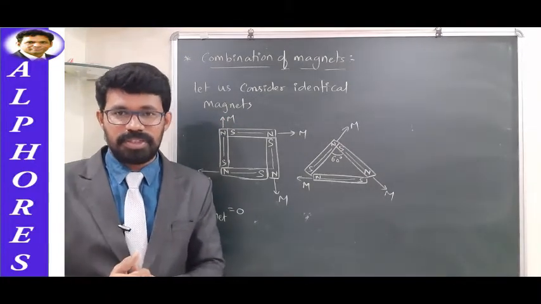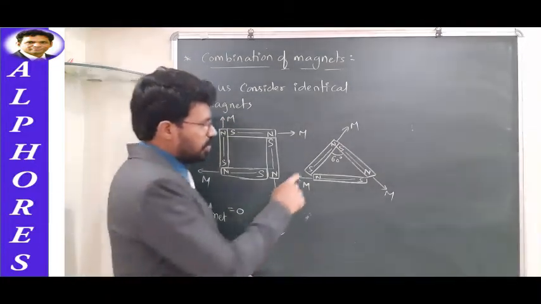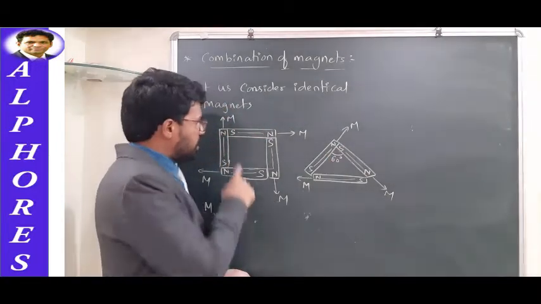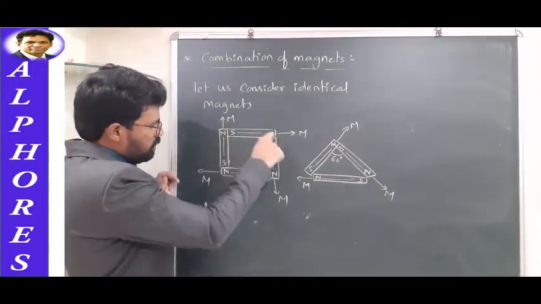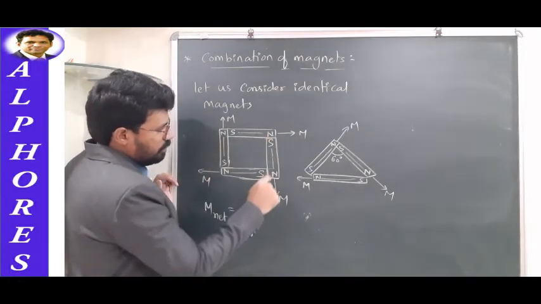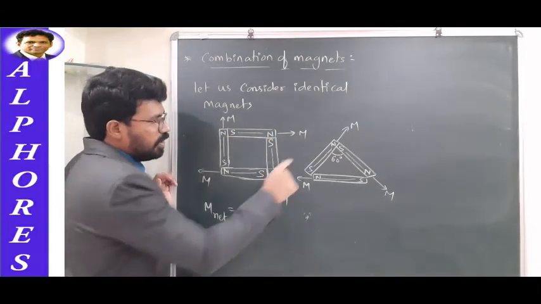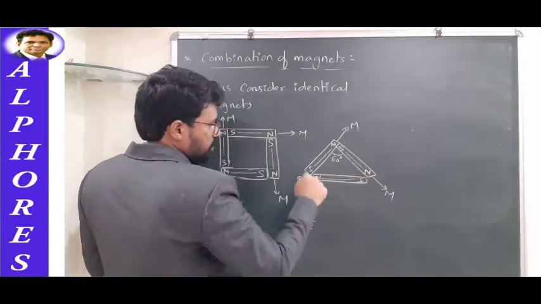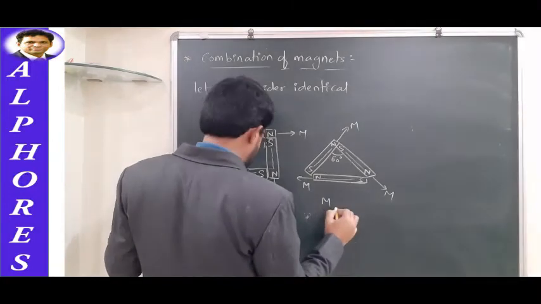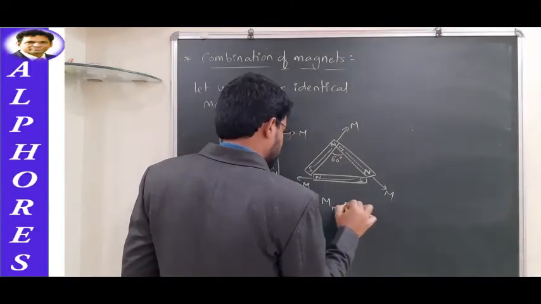So that's what the statement was. So here also the resultant of all these magnetic moments will be 0. Here also, in the same order, all these magnetic moments are arranged like this. So here also M net is equal to 0.